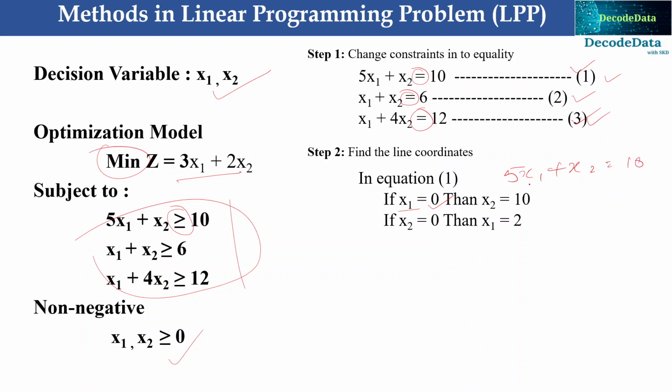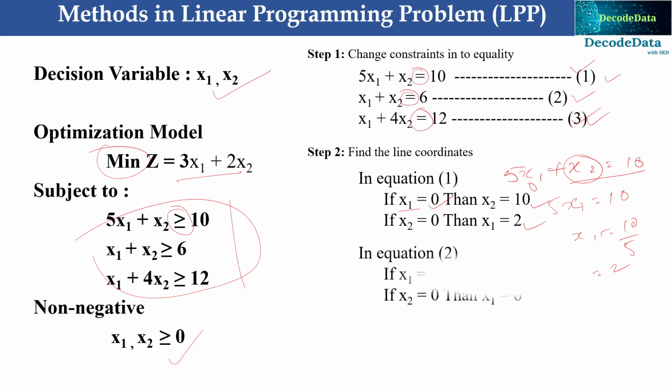So if I put x1 is equal to 0, what will happen? x2 will be 10, right? And when I put x2 is equal to 0, x1 will be 2, right? Clear. So now we have coordinates for the first line with the help of the first equation.